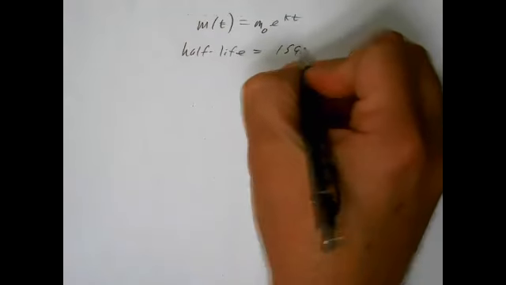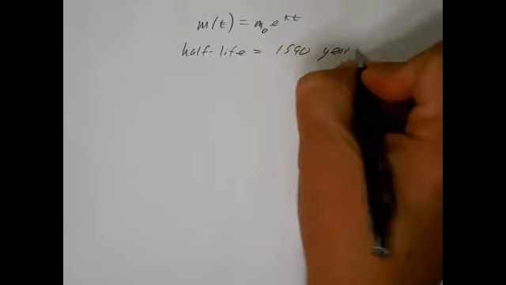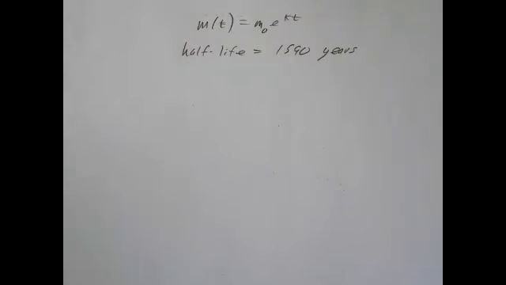And if they tell you that the half-life is equal to 1,590 years, all right, as it turns out, we don't have to know the original amount to be able to work this particular problem, at least to get the equation set up.